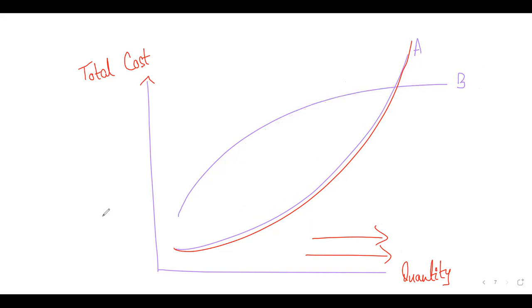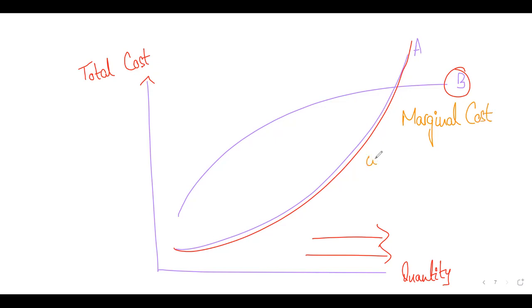The idea is fairly simple: in the case of B, marginal cost is decreasing. Let me write that down for you. Marginal cost would decrease for B because the steepness is decreasing.